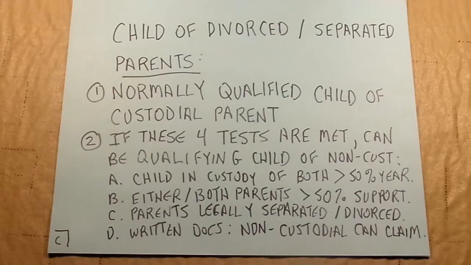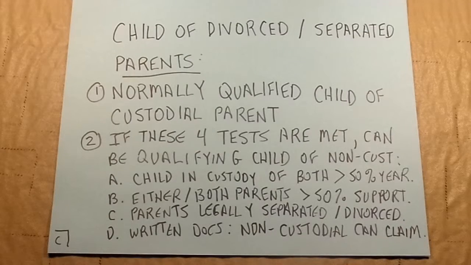First, the qualifying child of the non-custodial spouse is in a case where both spouses have the child more than 50% of the year, then this is one test. If either or both parents pay more than 50% of the support, then the second test is satisfied.